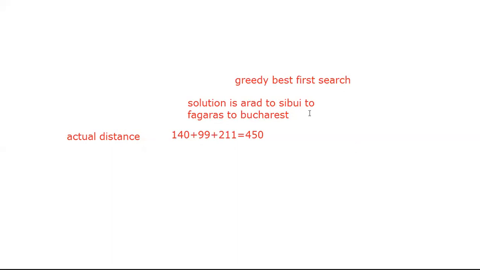And in the greedy best first search, we only rely on the heuristic function, as we did in this problem. So in this problem, what is the heuristic function?